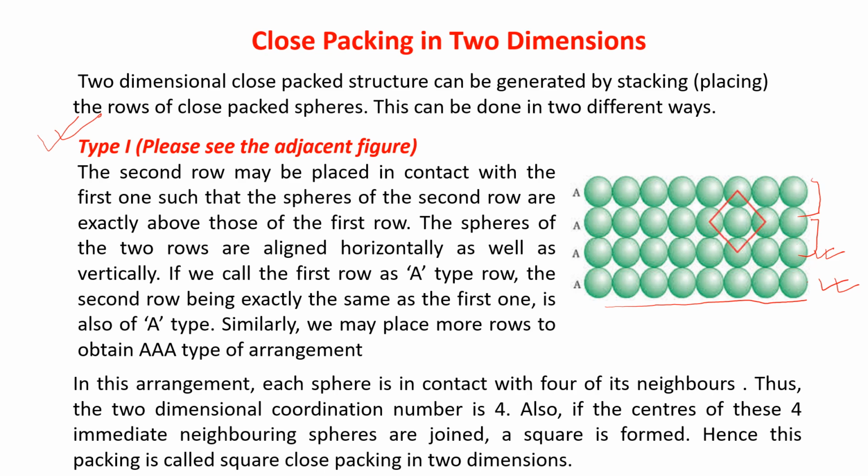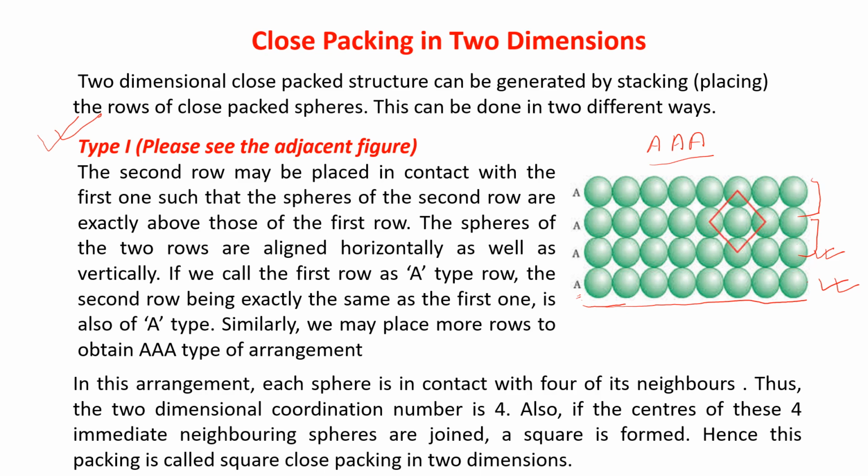If the first row's arrangement is called A type, all the rows are the same type A. So we can call this type of arrangement A type arrangement.